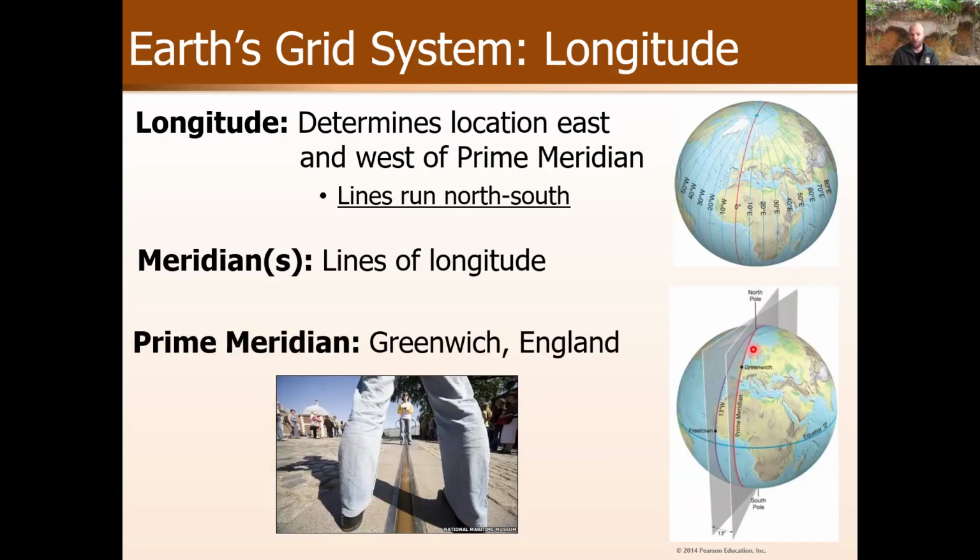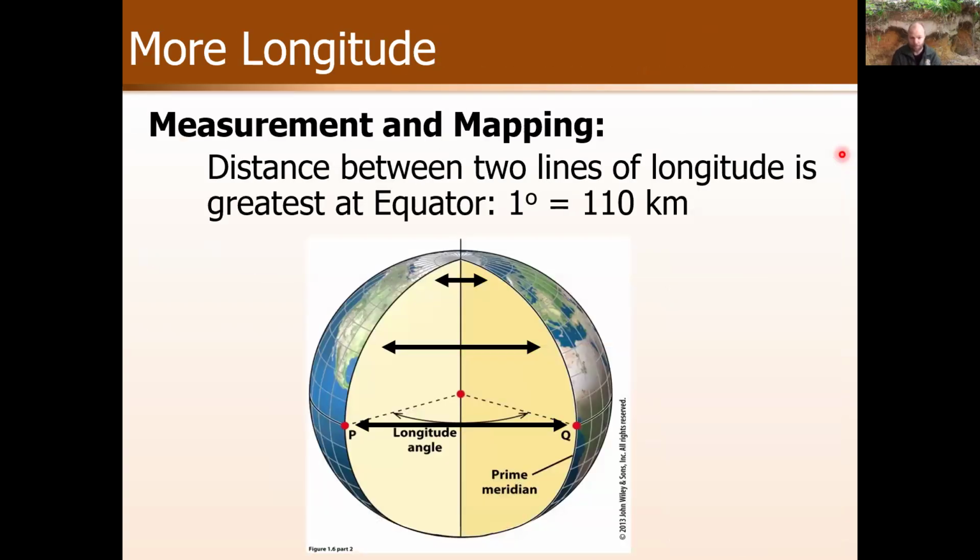And so our 0 degree longitude line here, the meridian, passing, as literally in this picture showing, directly through Greenwich, England. And so then we, in terms of grids, use it to determine our relative position in degrees east or west of the prime meridian. So kind of going out and away, west or east of the prime meridian.